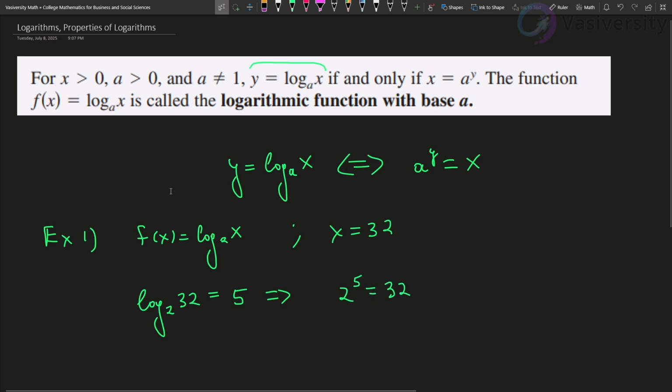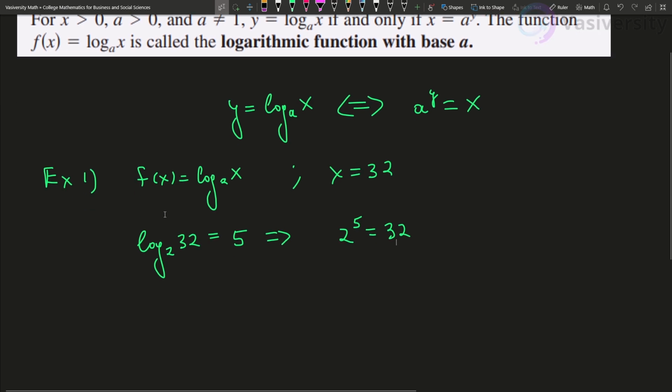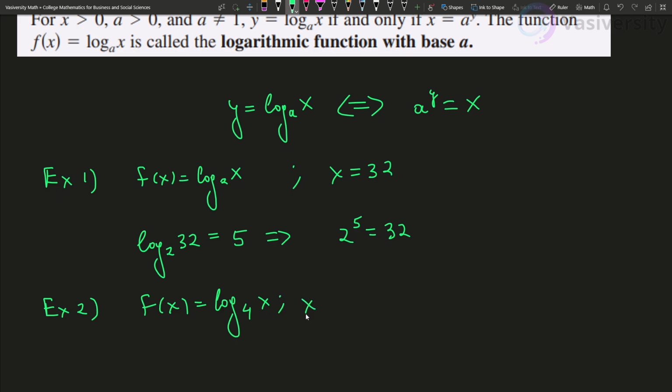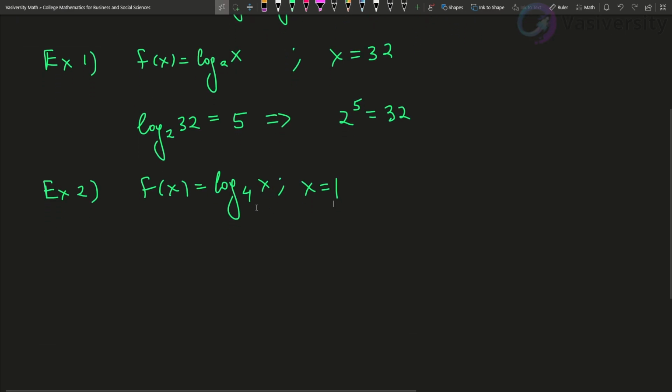Perfect. Now let's think about another example. Let's say we have again f of x, log base 4 of x, and we say that x is equal to 1. What are we doing here? We're asking, to what power of 4 will we get x?